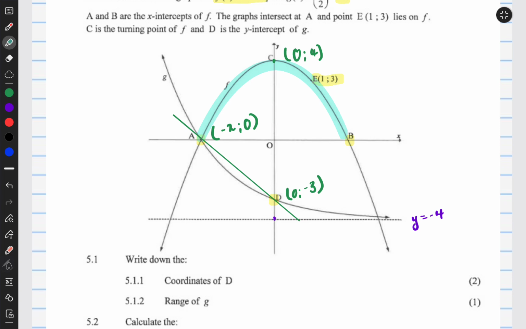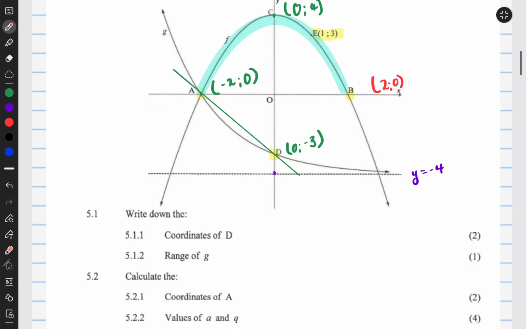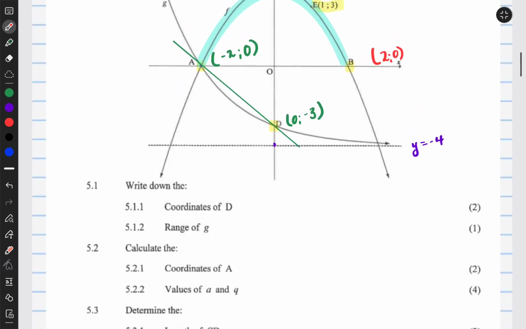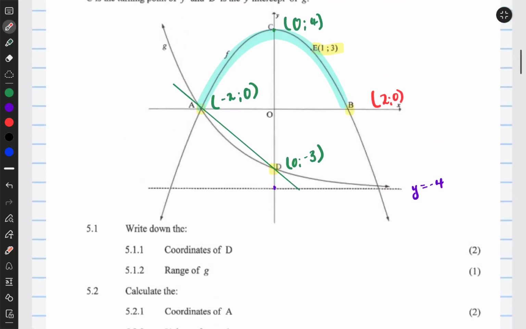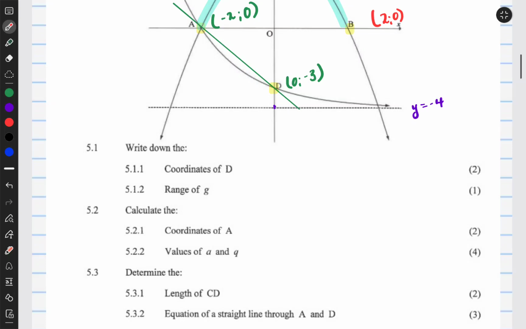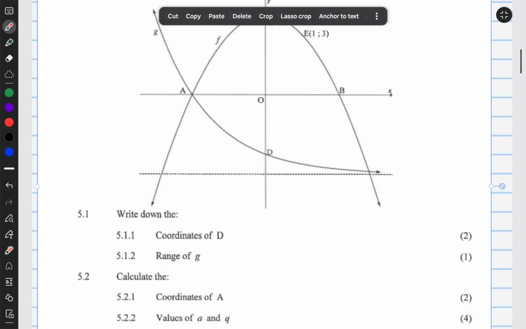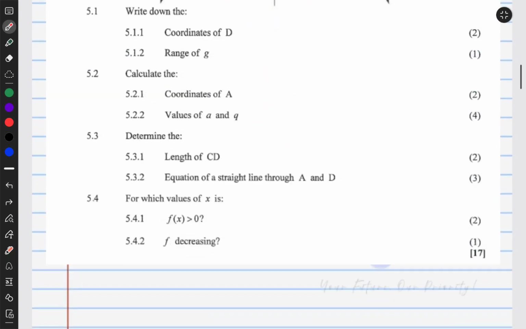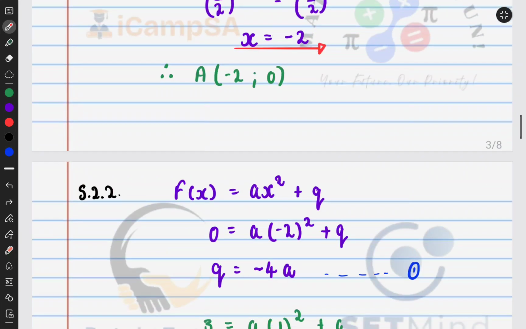So from negative 2 to what? What is the value of b? The coordinates of B are 2 and 0. So the x values where x is greater than negative 2 but less than 2. So for all those values, that is 5.4.1.